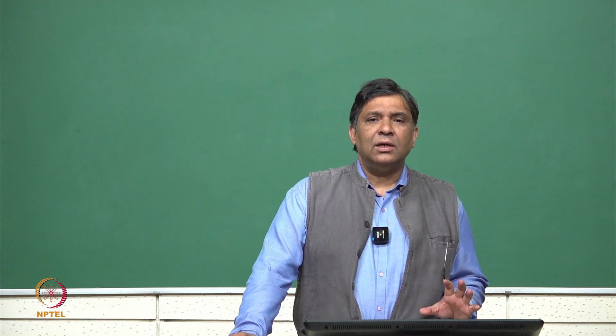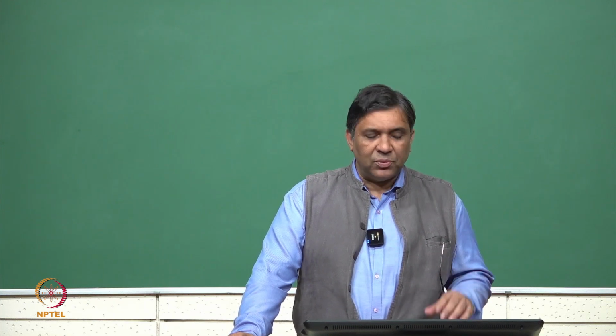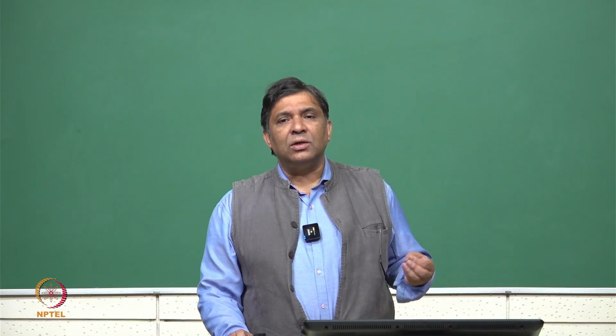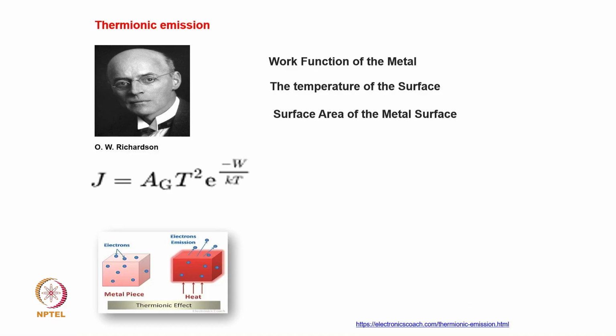I mentioned in the history of the electron and the emission process that for thermionic emission, the theoretical model was given by O.W. Richardson, and he received the Nobel Prize for this discovery.